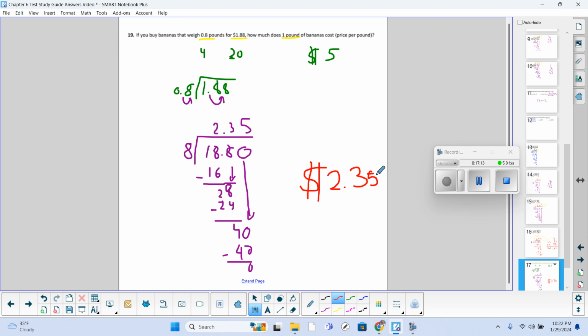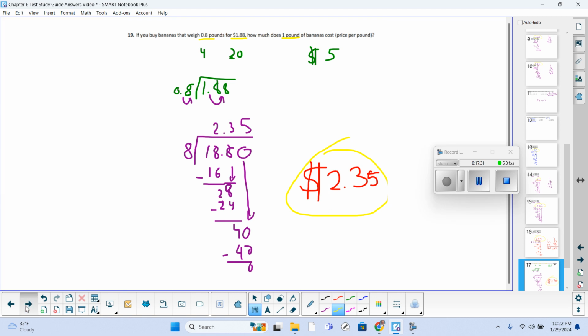All right, let's just look at the logic here. If I buy less than a pound, I'm going to pay less than $2.35, right? So $1.88 makes perfect sense, or at least logical sense. So there's our answer. Now let's do the last problem.